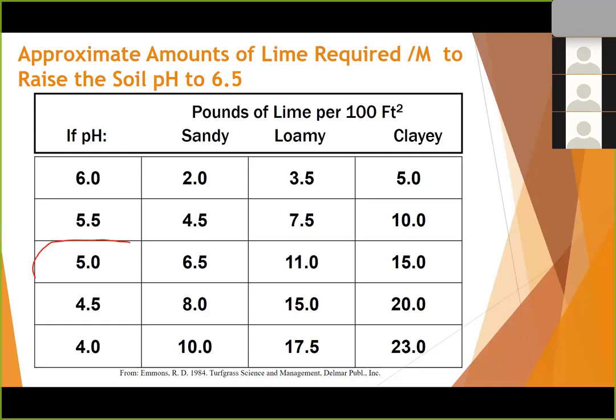Let's look at this middle row. It would take roughly 6.5 pounds per 100 square feet of lime to raise that soil pH up to 6.5. But it takes up to 15 pounds to do the same change in pH on a clay soil, because it has such a large reserve tank of acidity that needs to be changed.